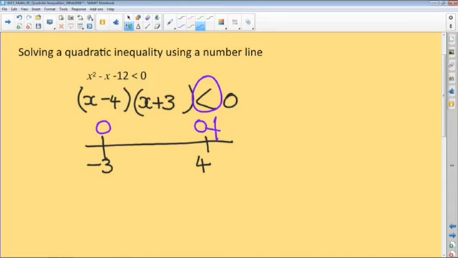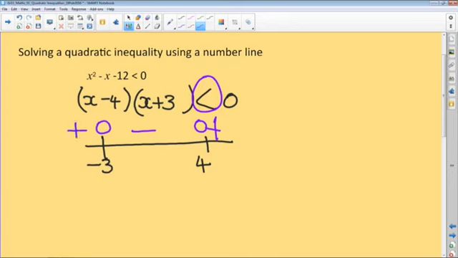Now, in the middle, I'm taking numbers between minus 3 and 4, and a random number, if I take a 0, that will be 0 minus 4, 0 plus 3, I get minus 4 times 3, which is negative 12. And the sign of that answer is a minus, right? And then on this side of negative 3, I take numbers less than minus 3, for instance minus 4. I'll have minus 4 minus 4, which is negative 8, minus 4 plus 3, it's negative 1. Then negative 8 times negative 1, I get a positive 8. So the answer is a plus.